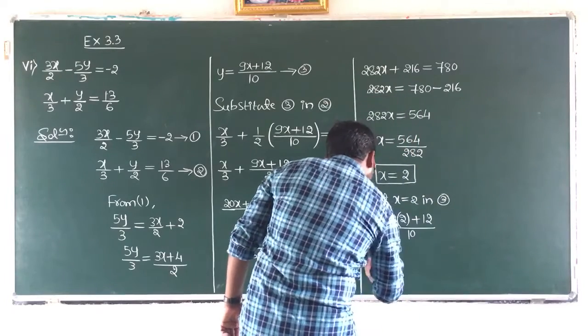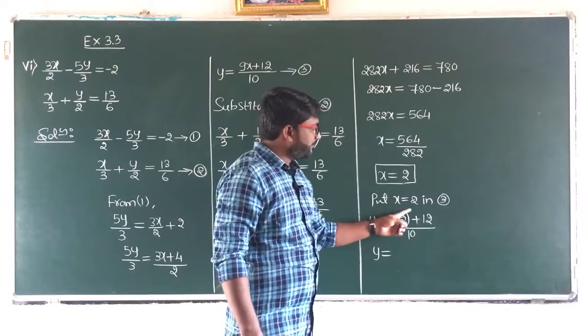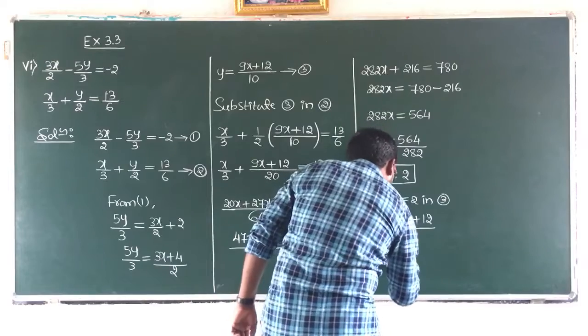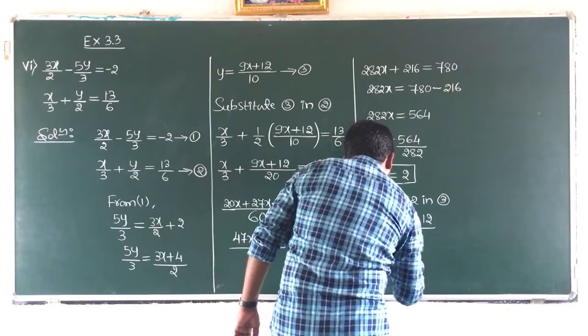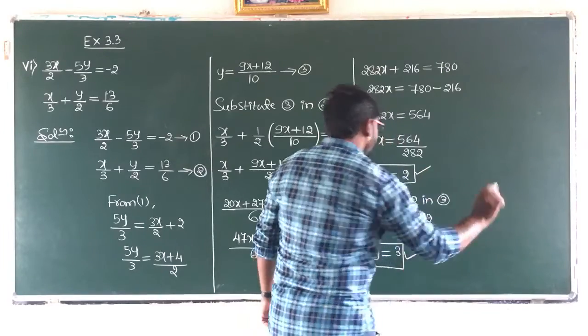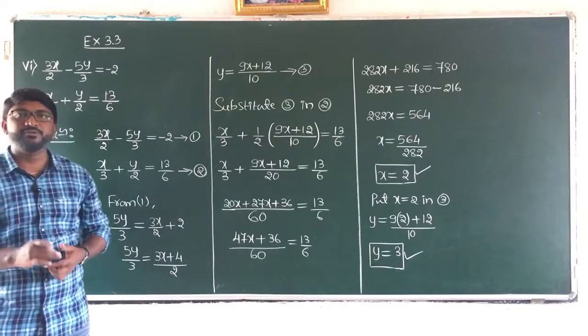So y is equal to 9 into 2, it is 18 plus 12 will be 30. So 30 by 10 will be 3. So this is the value of y. So we have got the value of x and the value of y. So this is all about the 6th sub question. So pause the video to note it down.